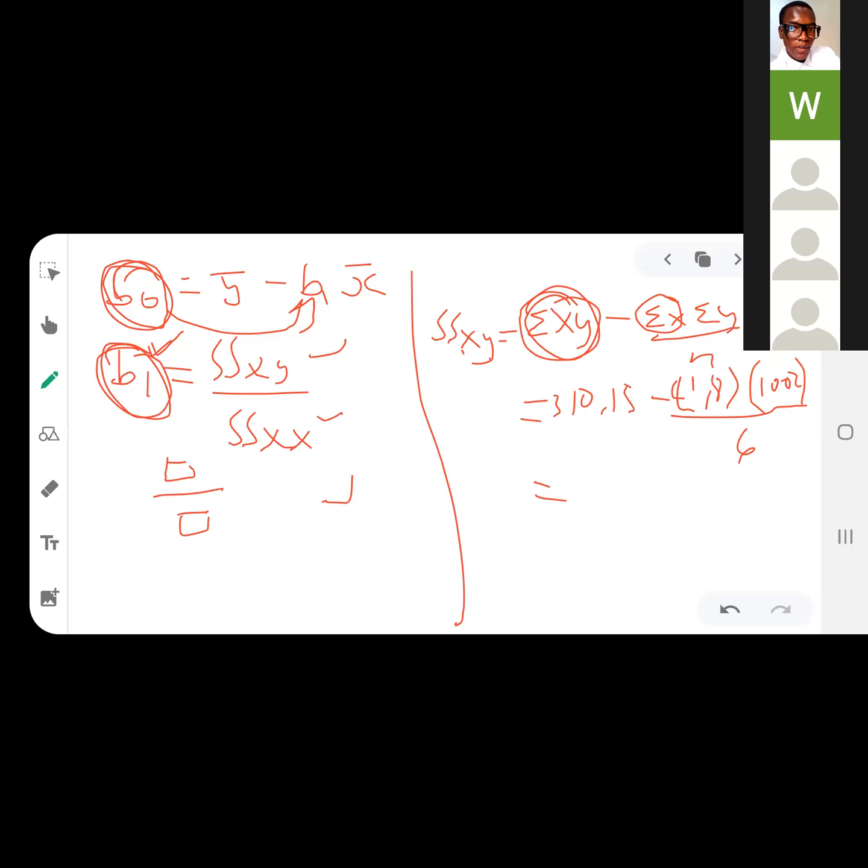And when you punch the information in the calculator, you need to be careful, because once you miss a value, everything will be affected. So what we are going to do is to start by finding the product of this one.